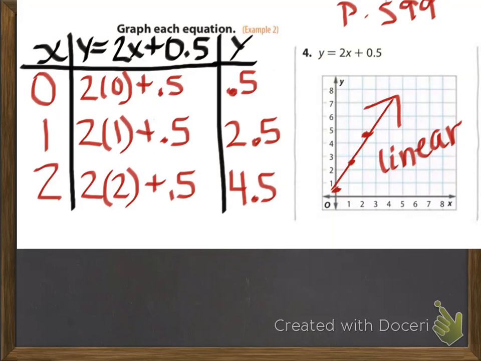So graphing the equation, homework question number 4, they give you the equation, you plug it into your input-output table, your function table, you choose the inputs, you substitute and solve, you get the output. You've got an x and a y coordinate, you've got 0, 0.5, you've got 1, 2.5, and then your last thing to plot is 2 and 4.5. And you can see that they do make a straight line.